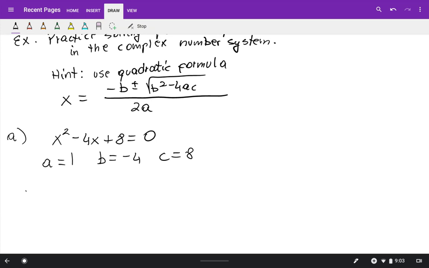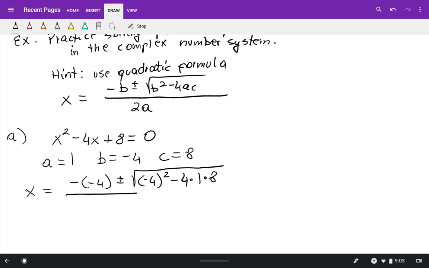So I'm going to use the quadratic formula. x is equal to negative b, so negative of negative 4, plus minus square root of b squared, which is negative 4 to the second power, minus 4 times a, which is 1, times c, which is 8, and everything is going to be divided by 2 times a, which is 2 times 1.